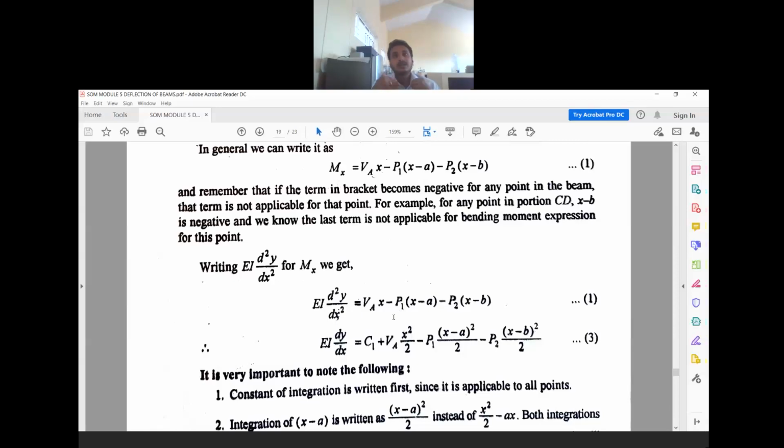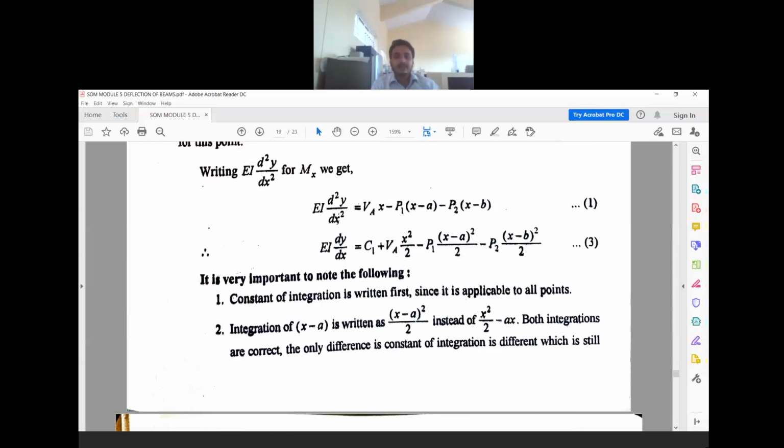So while doing the double integration, there are few points you should keep in mind. So one of the points is the constant of integration is written first. Okay, so you can observe here. Next, integration of x minus a is written as x minus a whole square by 2 instead of x square by 2 minus ax.